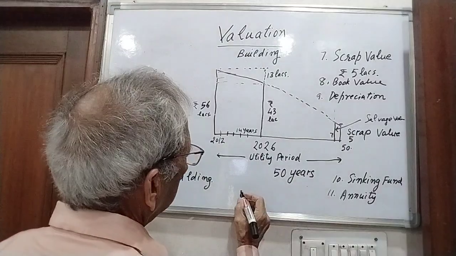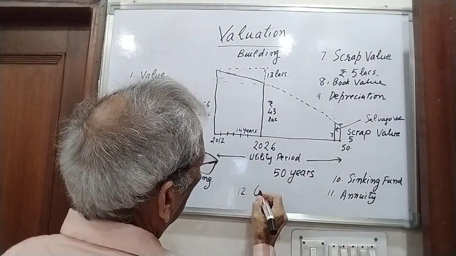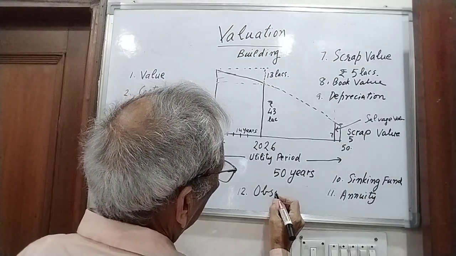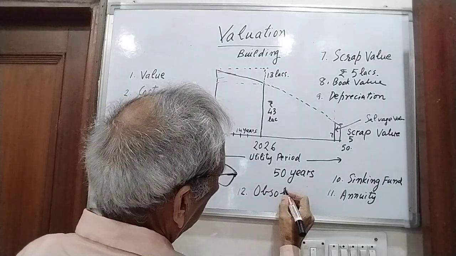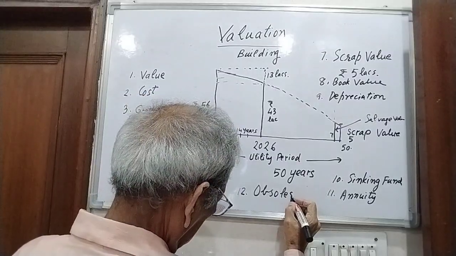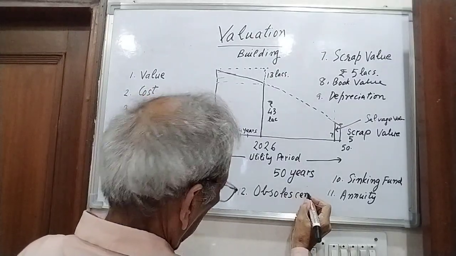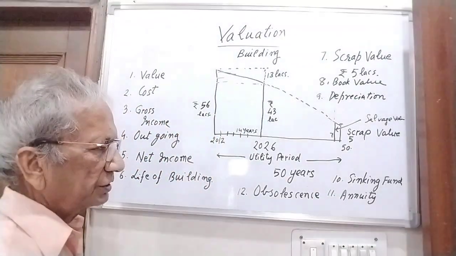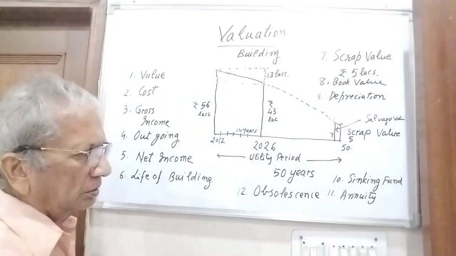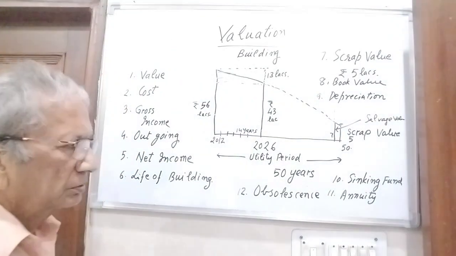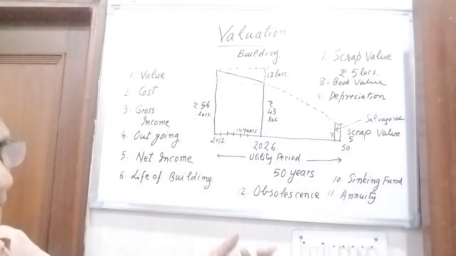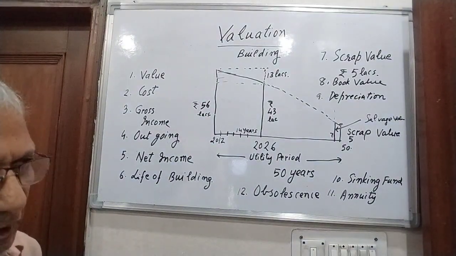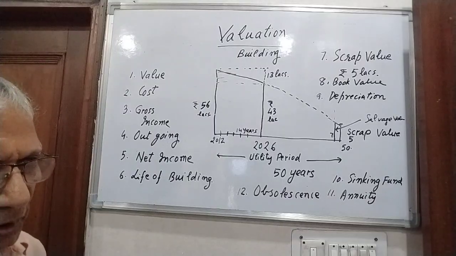Now, next term is obsolescence. What is obsolescence? Means when the building is outdated, that the facilities of the building are old.